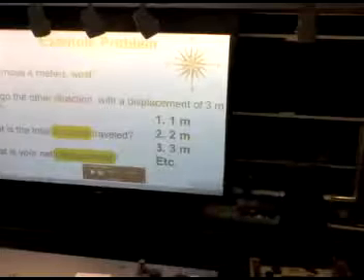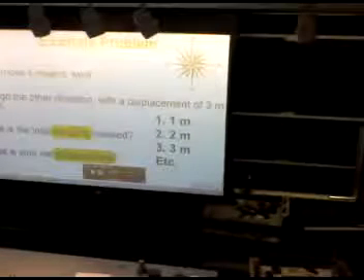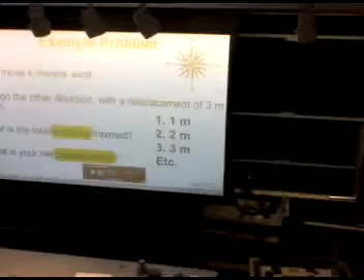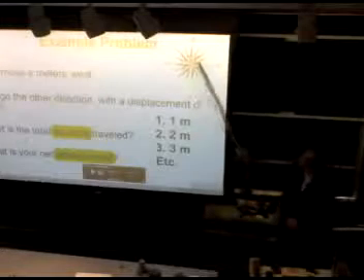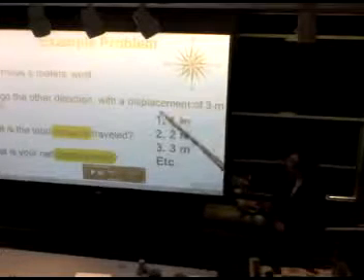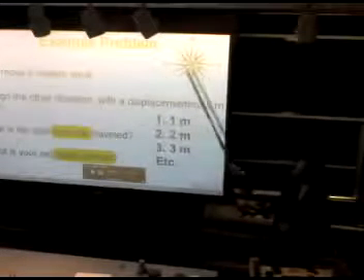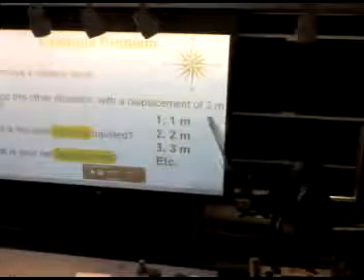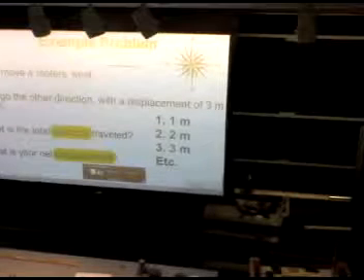And this is an example of a situation when you have to draw a picture first. And that's your first step when you're solving a physics problem. East, west, north, south, 4 meters west, 3 meters south, 4, 3.